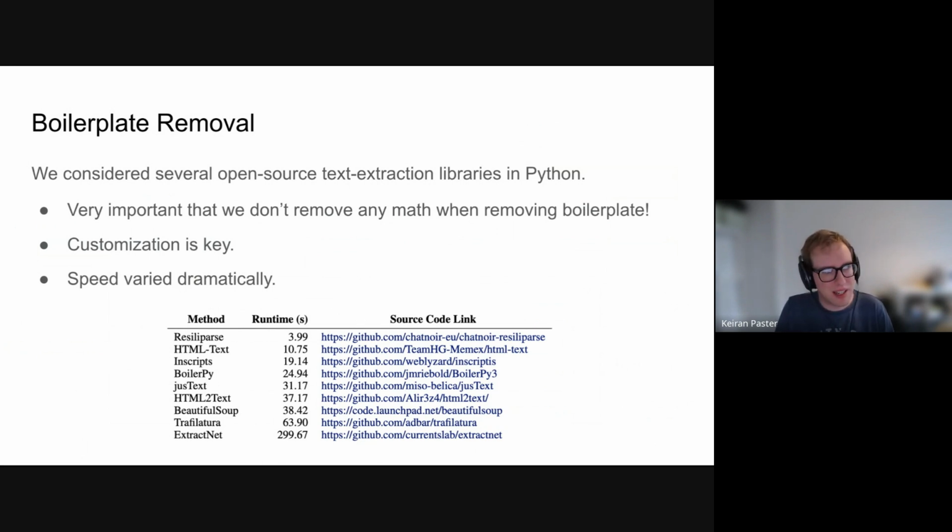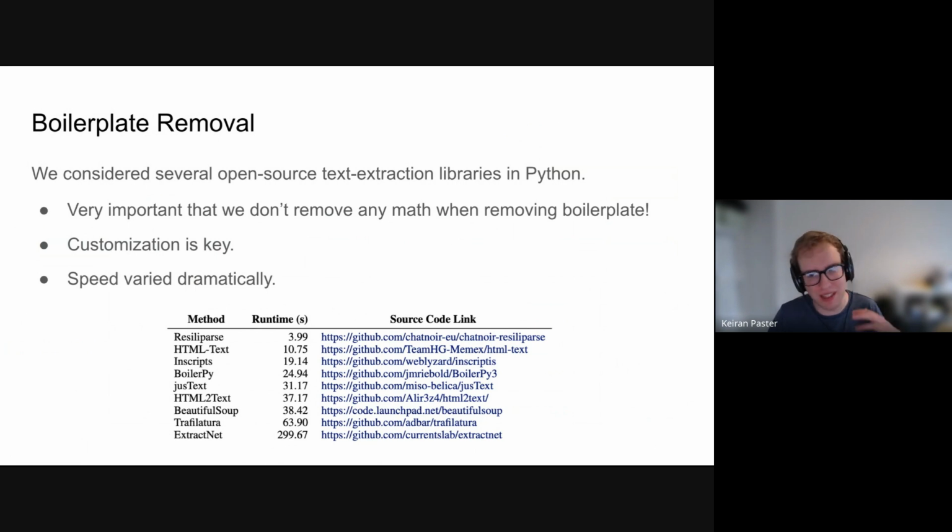The most important point here is that we really don't want to remove any math when we're removing boilerplate. And we found that these libraries have a tendency to not work that well, or just remove math or other very important things on the websites that we care about the most.